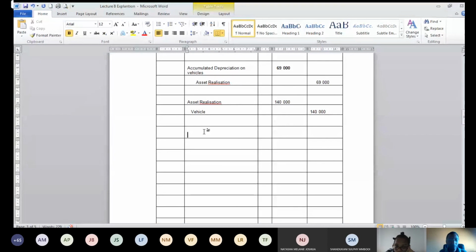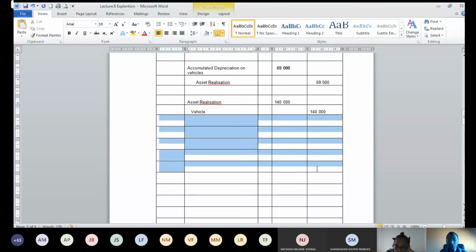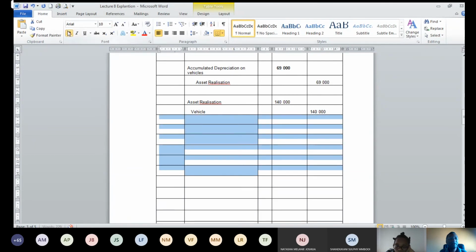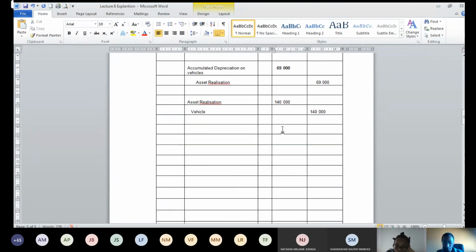In this example, go back to your trial balance and to your information, and you will see that they are telling you that you are selling the asset for cash. Because you're selling the asset for cash, you will debit your bank account because the money in the bank will increase. We sold the asset for 80,000 rand. Debit the bank account, credit your account, asset realization.